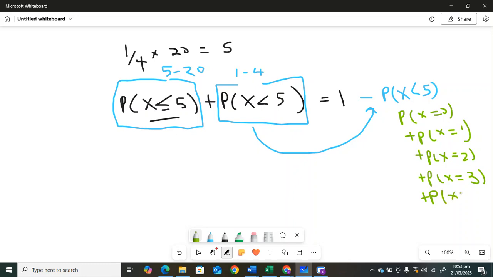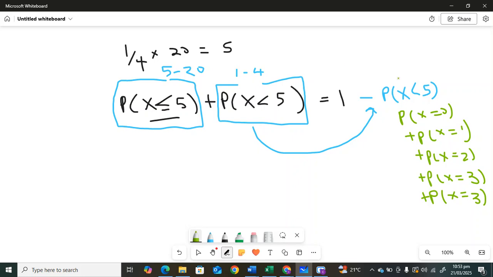Probability that 4 students prefer working in the banking industry. Once we find these 5 probabilities, and add them up, and we subtract them from 1, it will give us the probability that at least 5 students prefer working in the banking industry.